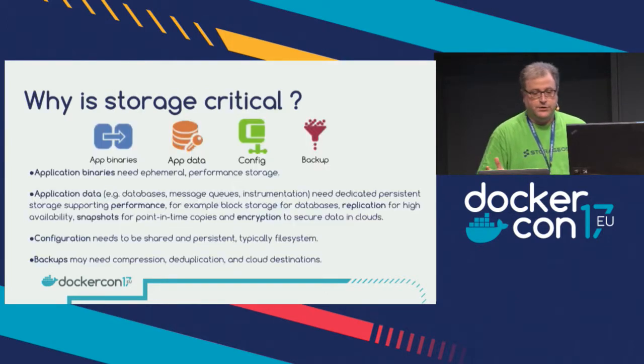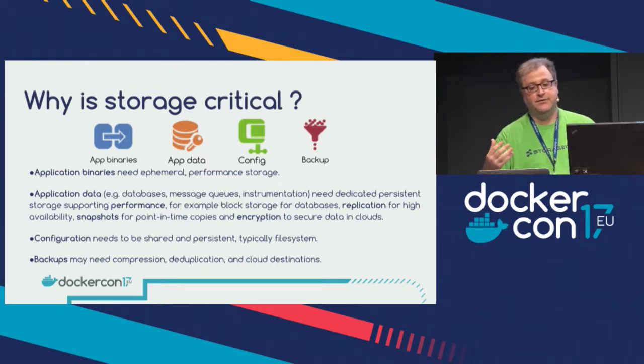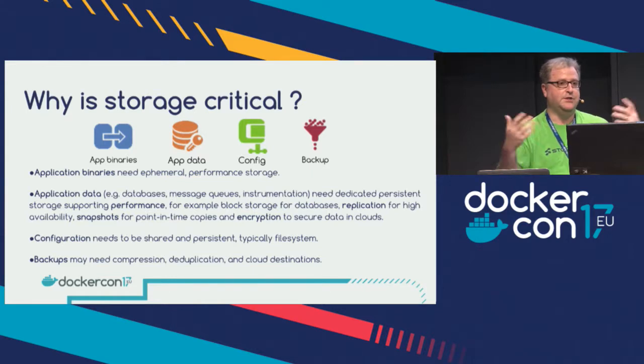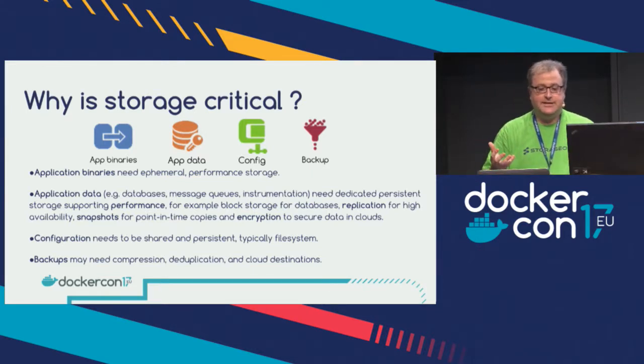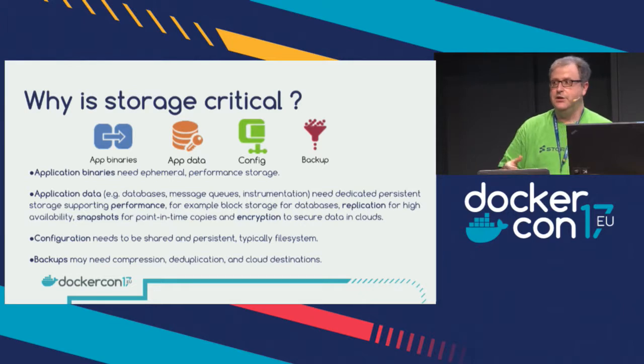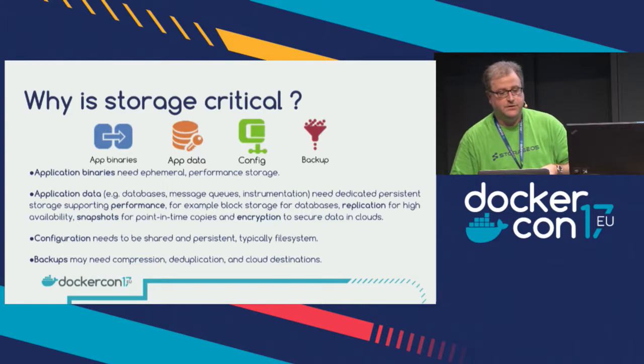So why is storage critical? Things like application binaries are ephemeral. They just need performant storage, but they don't need state other than what you already have from your registry or your DTRs. But application data, things like databases, message queues and instrumentation, need dedicated persistent storage.